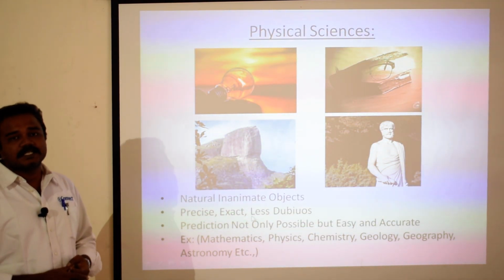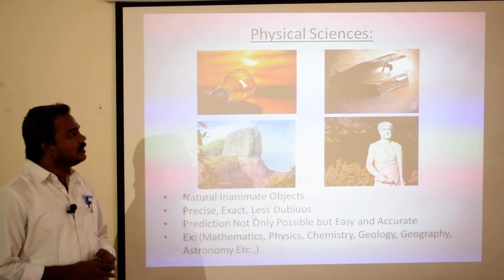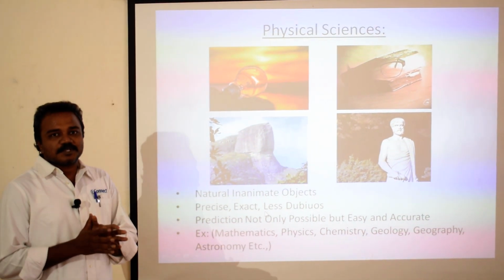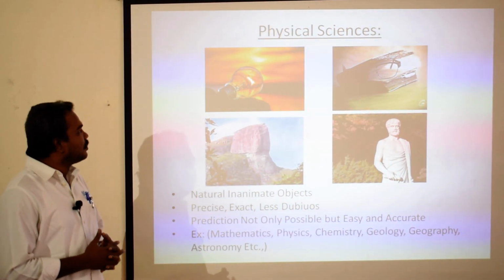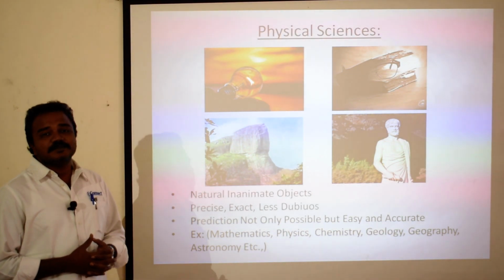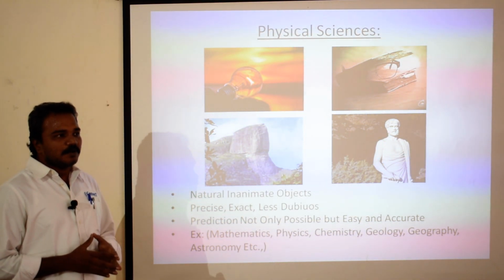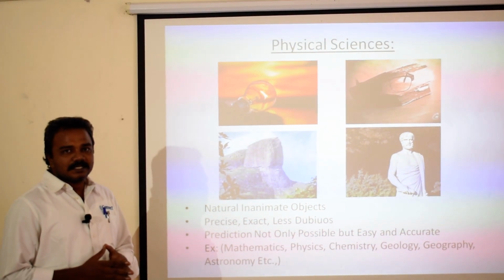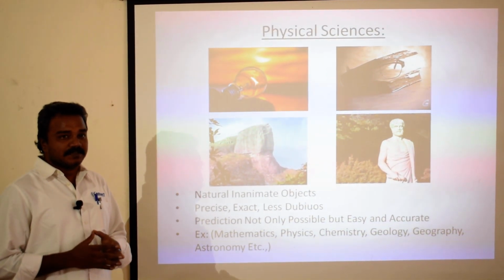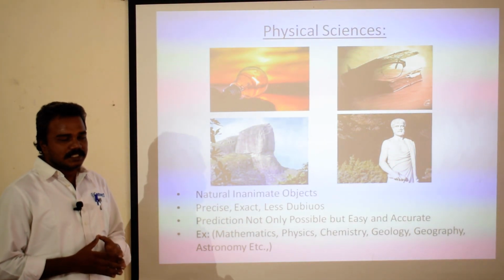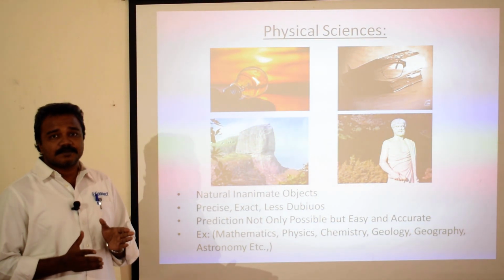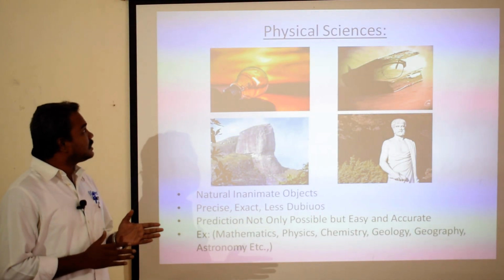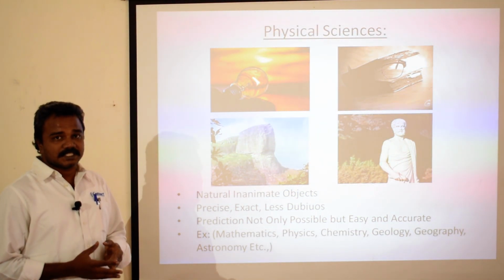Before we get exposed to what sociology is all about, I would like to give you an idea about sciences. We have different sciences to deal with different branches of knowledge, and those sciences could be classified as physical sciences and social sciences.